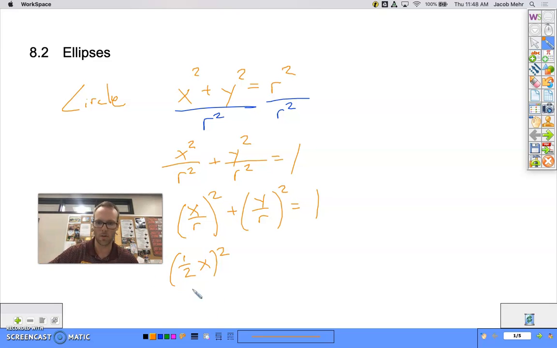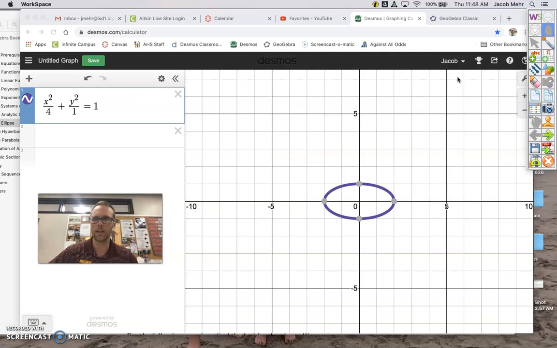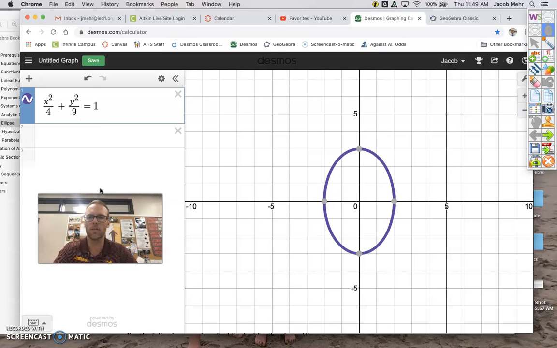Well, that's the same as writing x squared over 4, right? 1/2 squared is 1/4. So we can see in here, when I put that 4 in there, it horizontally stretched it by 2. It's going to work the same way when we do it with a y. If I put a 9 here, it's going to vertically stretch it by a factor of 3.